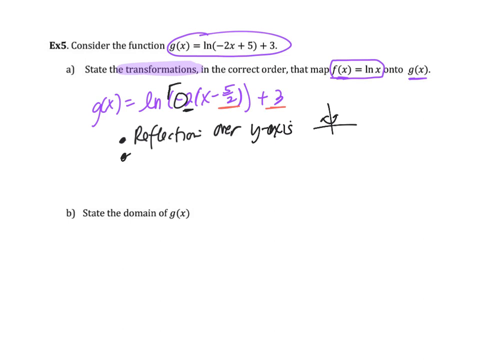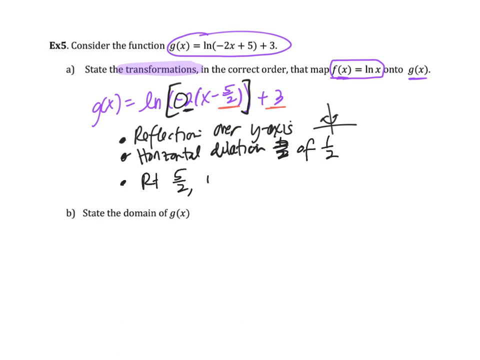Again, it's associated with the x, so that's a horizontal dilation. And remember, when it's associated with the horizontal, it does the opposite. So if it's a 2, it's not getting twice as wide, it's getting half as wide. So it's a horizontal dilation of 1/2. And then our last thing, it doesn't matter what order you do it, but you could say right 5/2 and up 3.